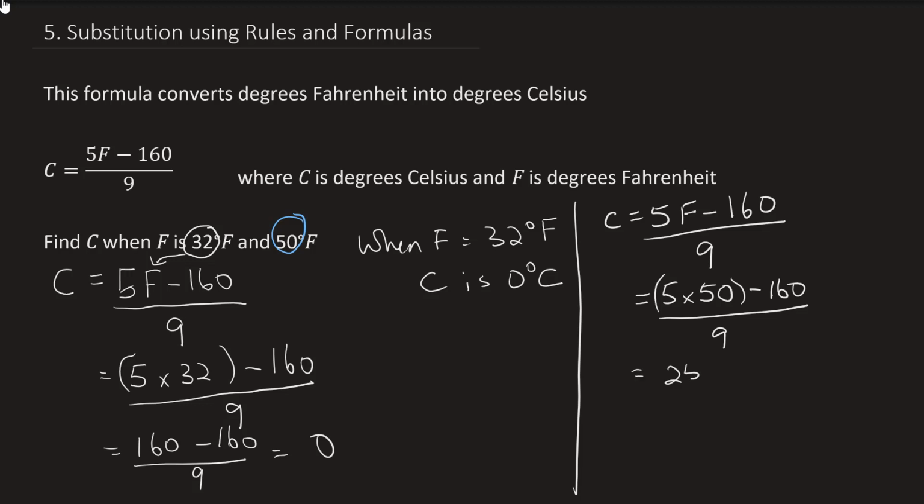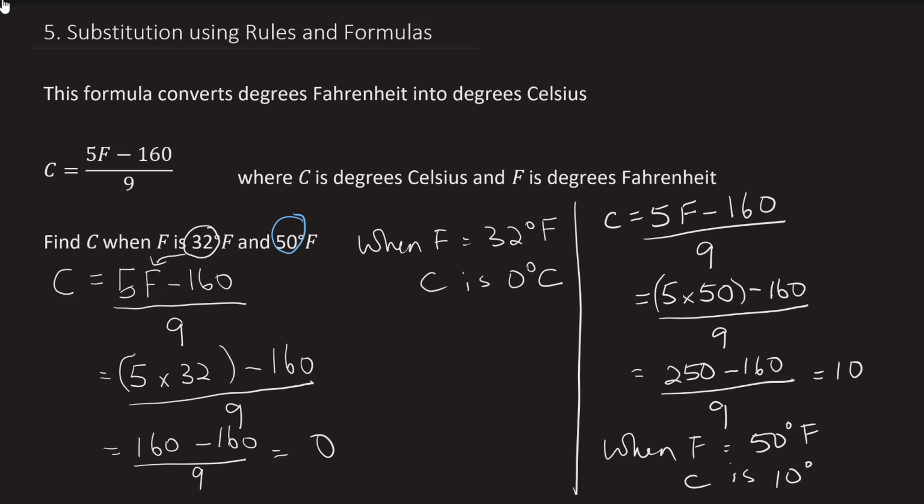This is equal to 250 minus 160 over 9, and the answer to that is 10. So when F is 50 degrees Fahrenheit, C is 10 degrees Celsius.